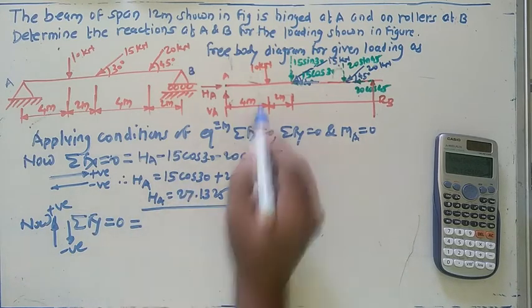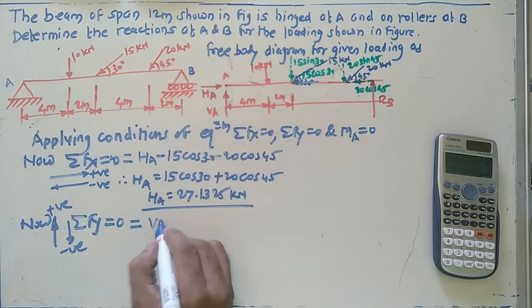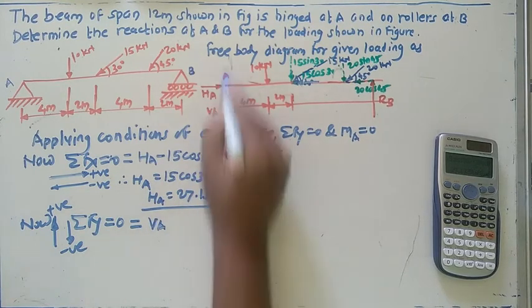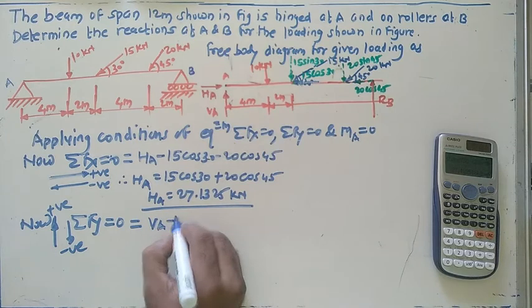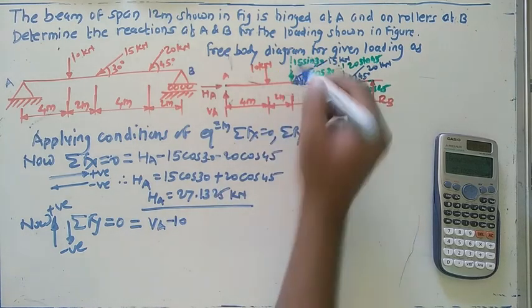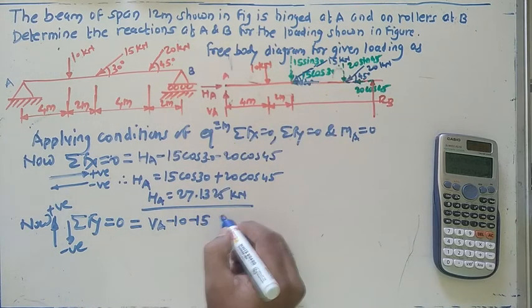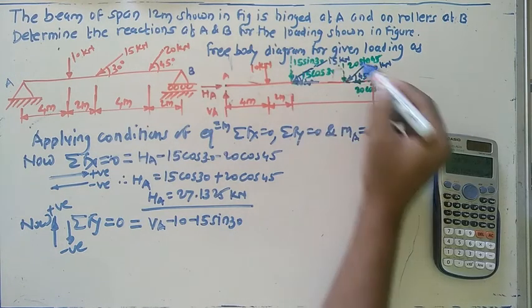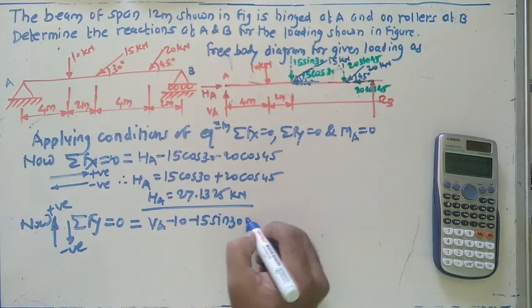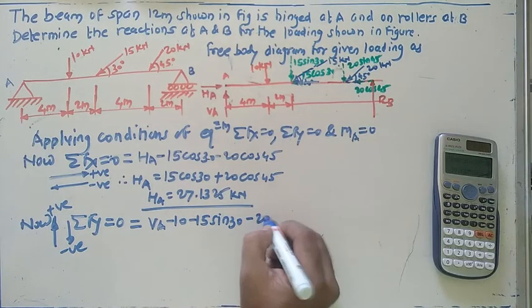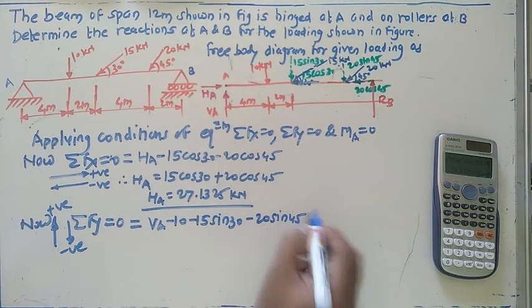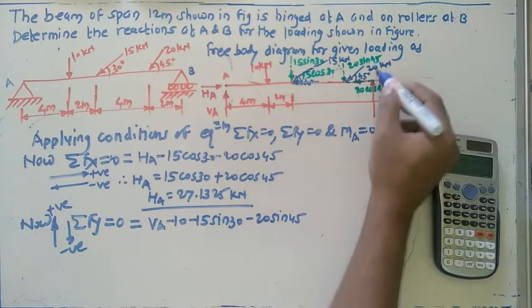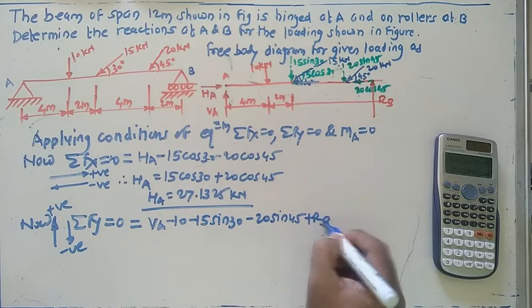The first force is RA, vertical in the upward direction. Then a 10 kilonewton force in the downward direction. One more force, 15 sin of 30, vertical in the downward direction. And this force, 20 sin of 45, vertical in the downward direction. And RB is vertical in the upward direction.